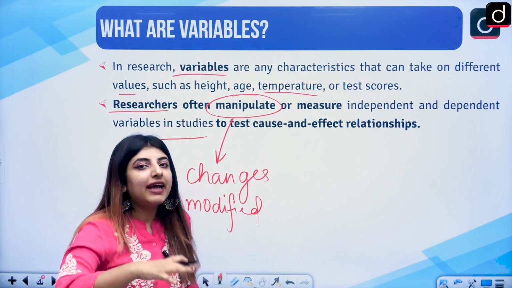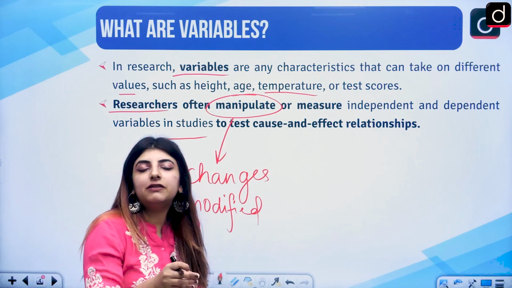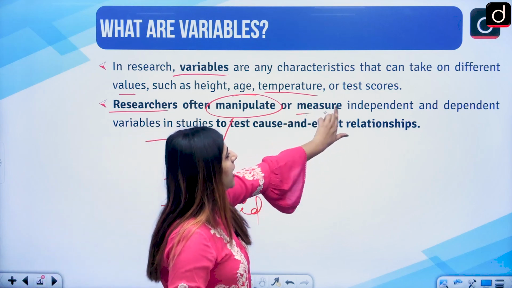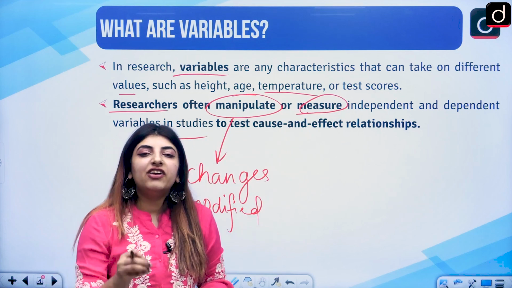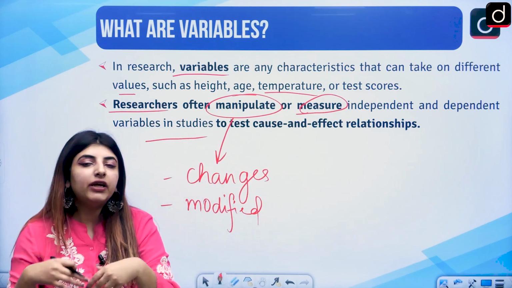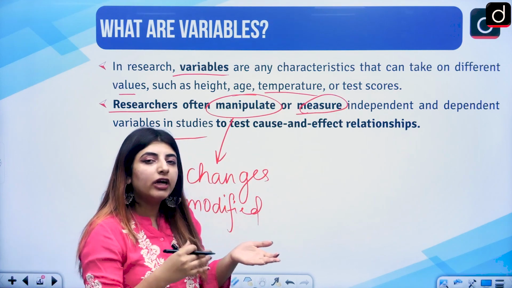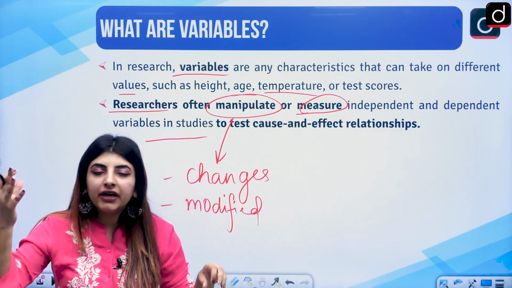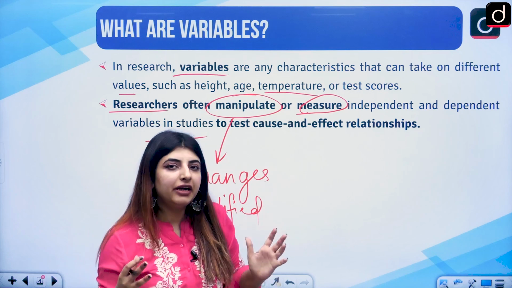Of course, they can be negative, they can be positive, depending on the type of research that the researcher is conducting. And they are used to measure to what extent our independent variable is manipulating the dependent variable.